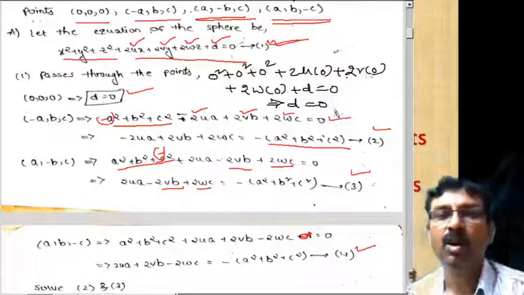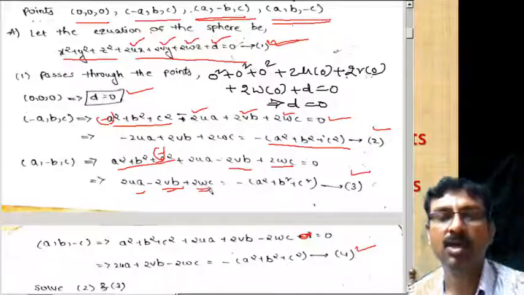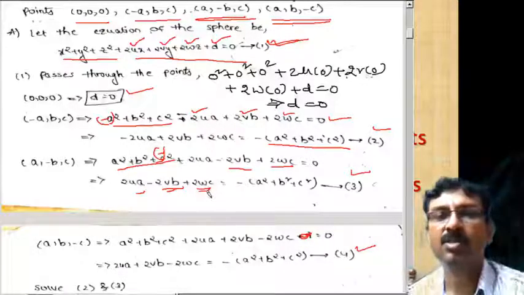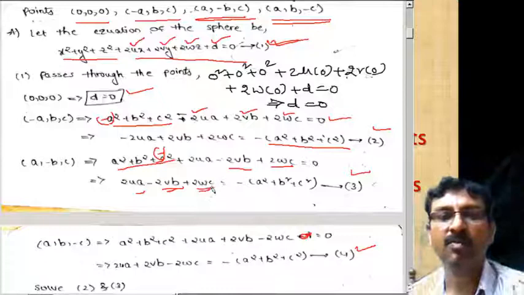This is equation 4. So we have three equations, equation 2, equation 3 and equation 4, in three variables u, v and w. These three equations are enough to find the values of u, v, w.